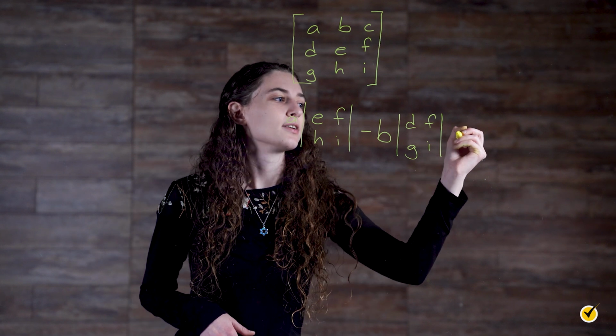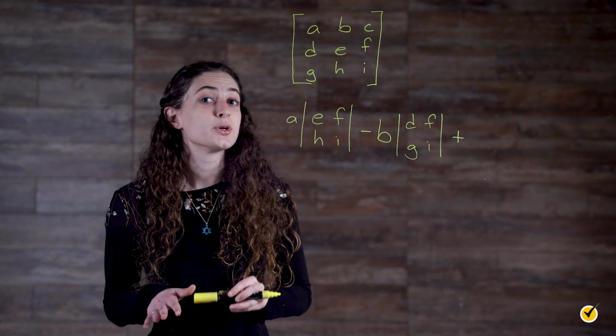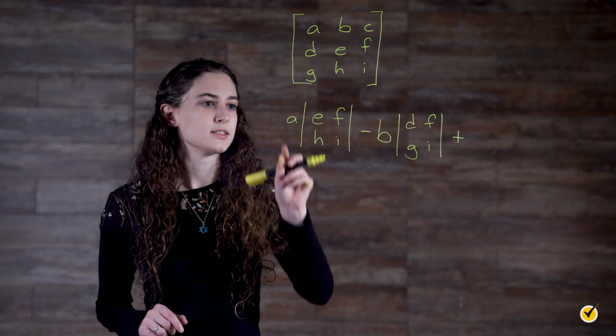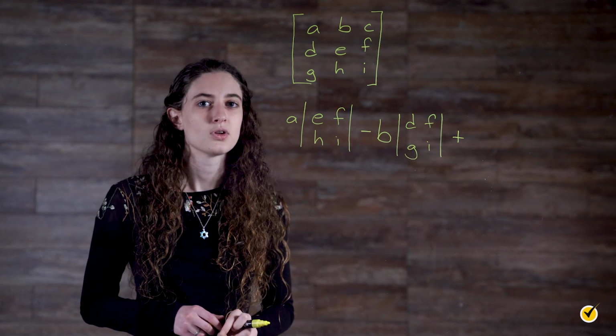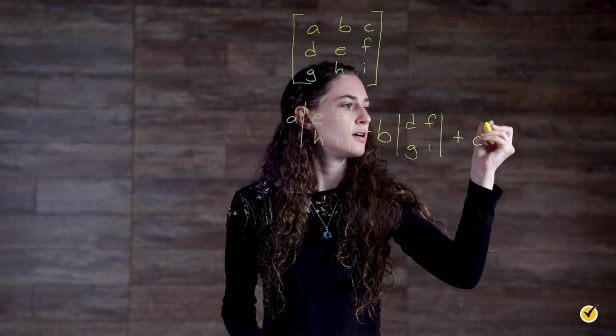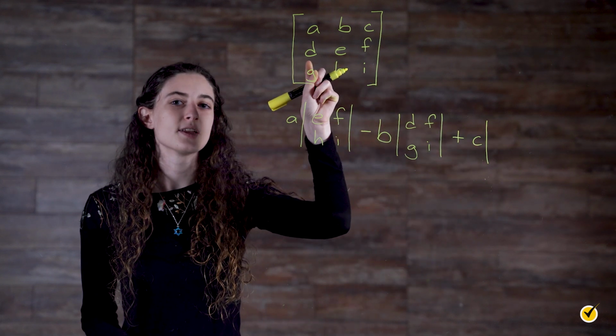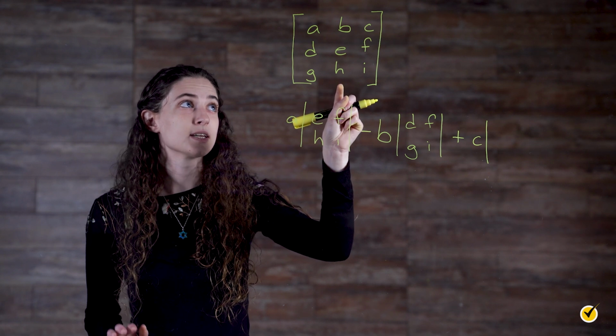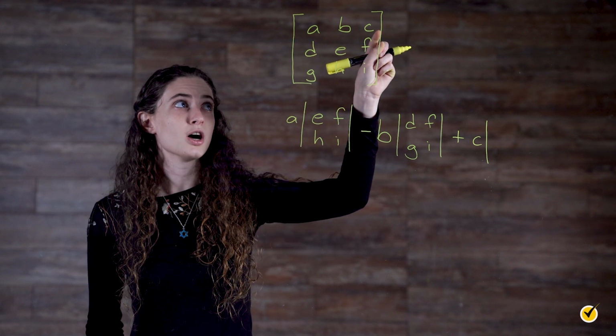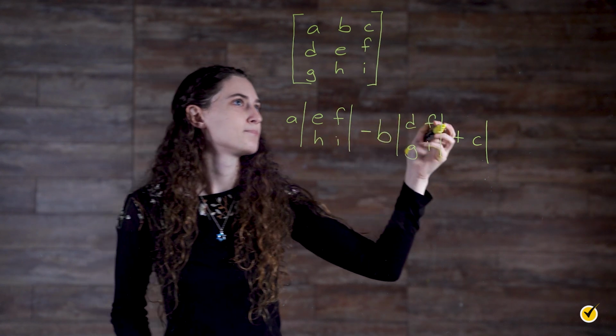Finally, we will add the last part of our equation. Remember, we do this because we are alternating signs. Positive, negative, positive. So we have C times the determinant of D, E, G, H. Because again, remember, it's the elements that are not in C's row or column.